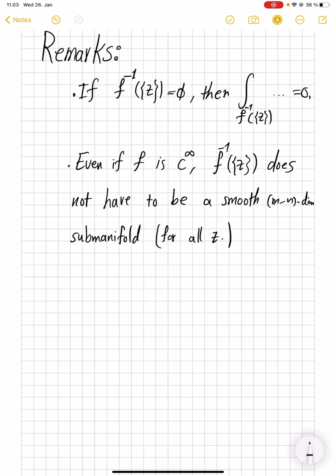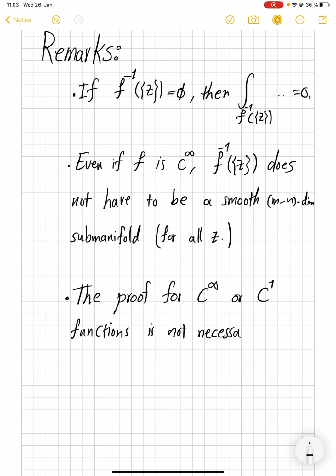So what else is there? The proof for C infinity or C1 functions is not necessarily easier, partly because of this previous remark that it's not the case that if you have better regularity for f, the foliations are necessarily nicer.